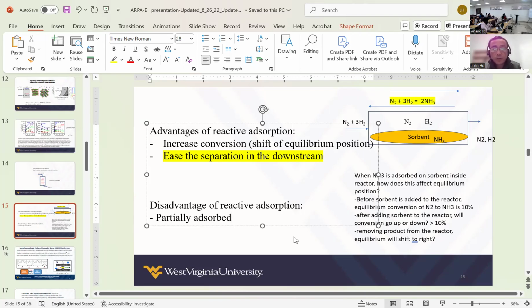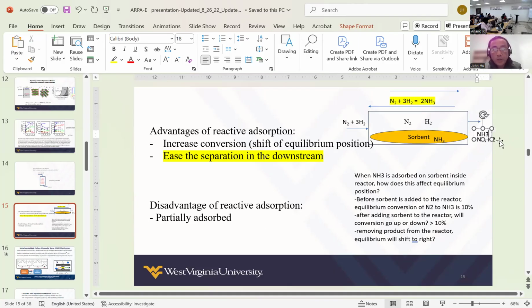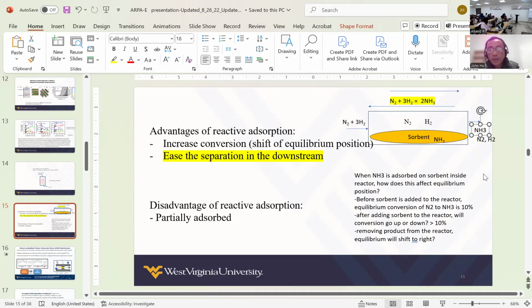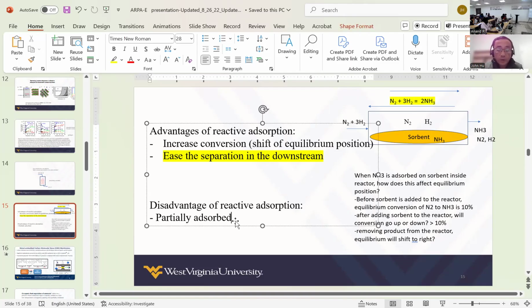Very good. So if partially absorbed, you still have ammonia coming out, all right? Makes sense? So it's not 100%, so you still have ammonia coming out. So that means you still need downstream separation.